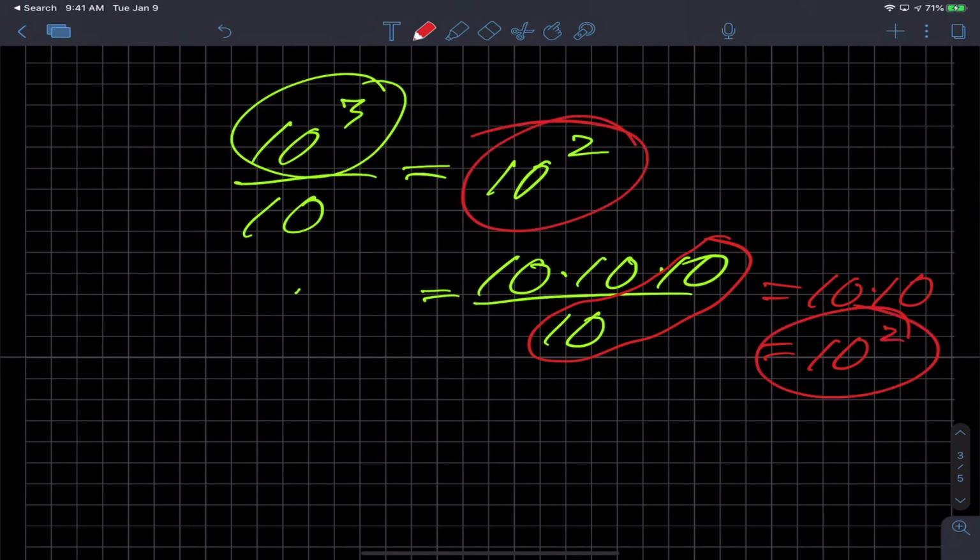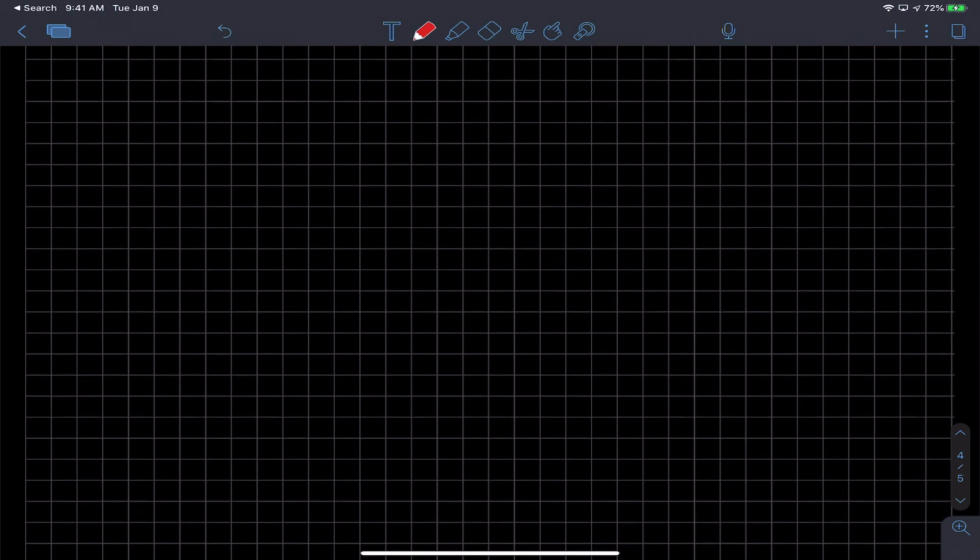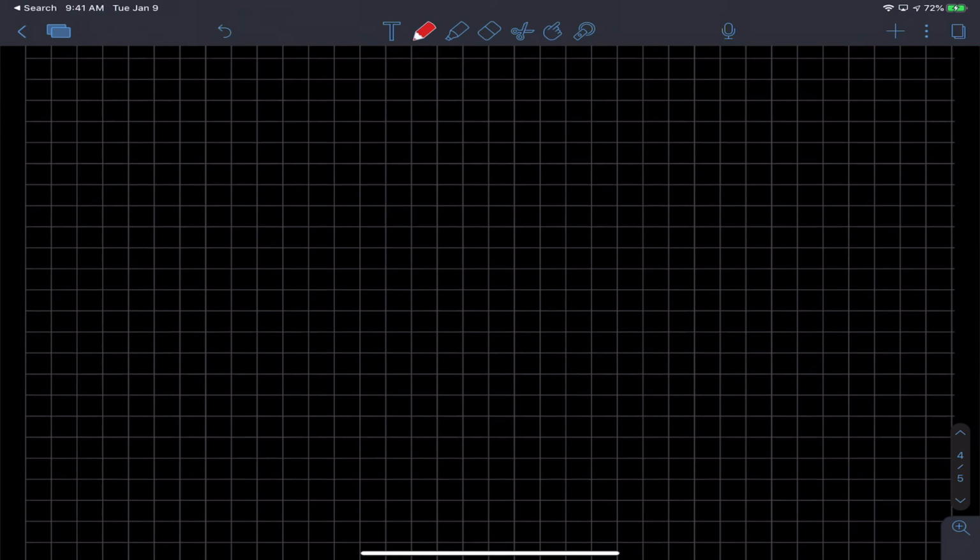And of course that's the same as that. If the process didn't work, then math doesn't work. But it does. So 10 squared is equal to 10 squared. So irrespective of how you think about it, how you go about it, you should get the same value. If I had something like, let's say, 4 squared, and I wanted to divide that by 2, well, it's not going to work out so well.